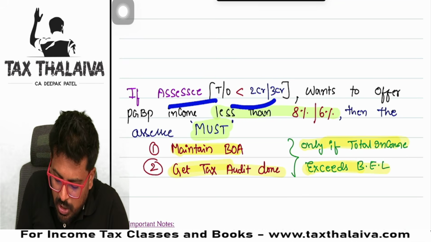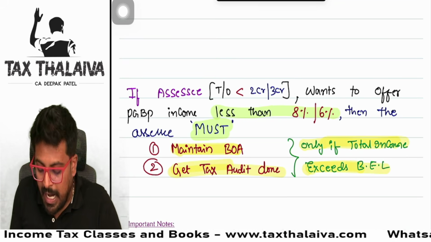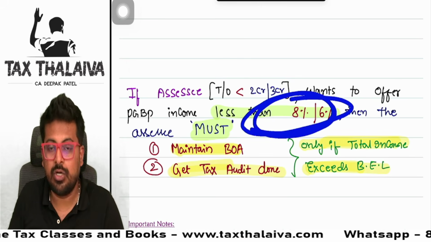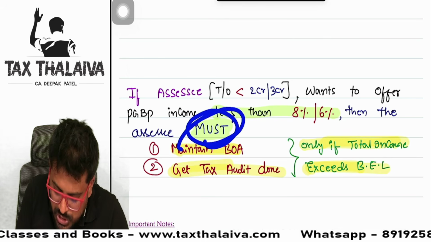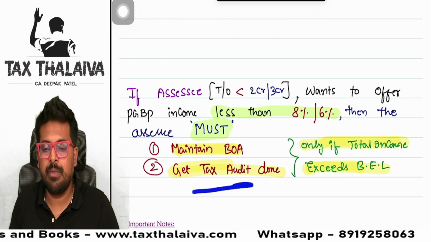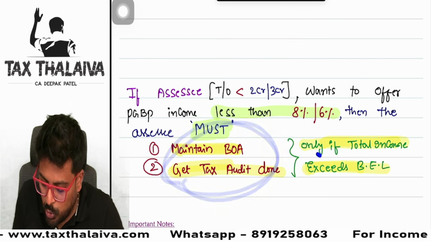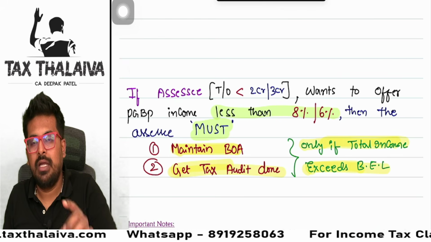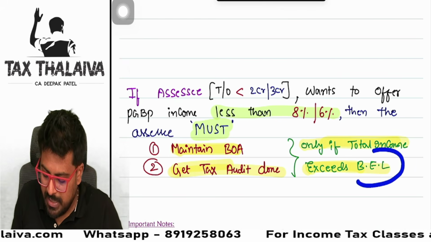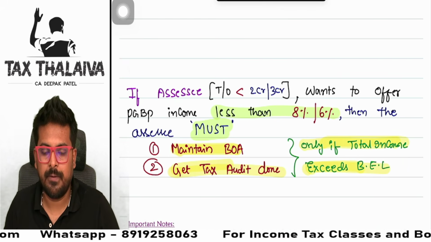So if the assessee's turnover is less than 2 crores or 3 crores and wants to offer less than 8% or 6%, then it is a must to maintain books of accounts and get them audited. But mind you, you will do this only if your total income in a year is exceeding the basic exemption limit.